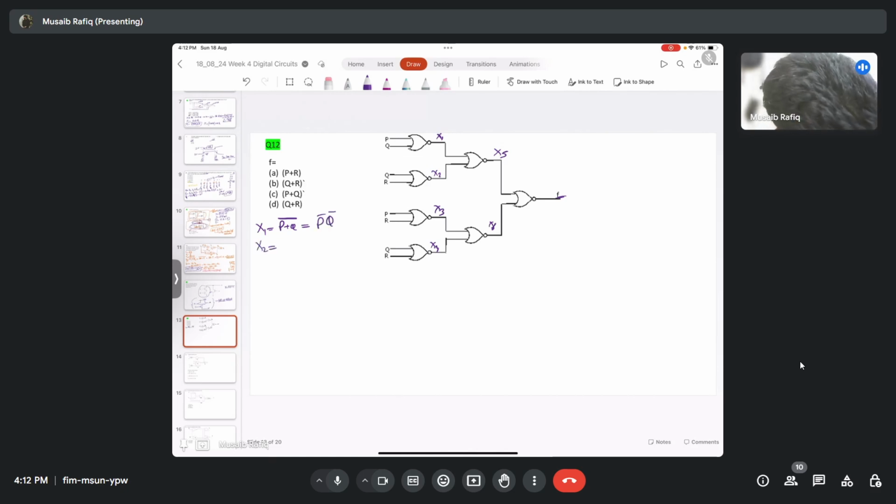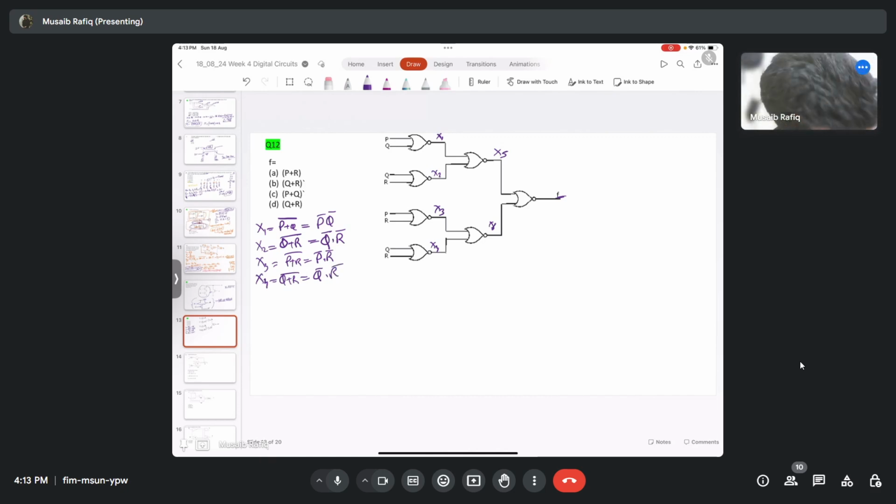Then x2 will be equal to (q plus r) whole complement, that is q bar dot r bar, right? Then I have x3, similarly that will be (p plus r) whole bar, that is p bar dot r bar. And finally I have x4, that is between q and r, it will be q bar dot r bar.